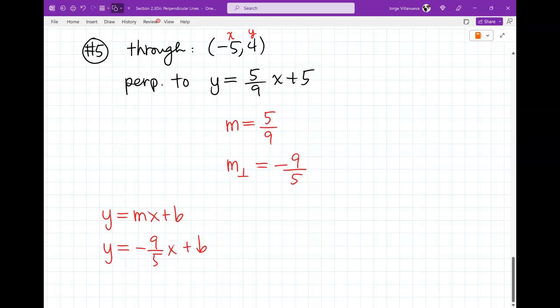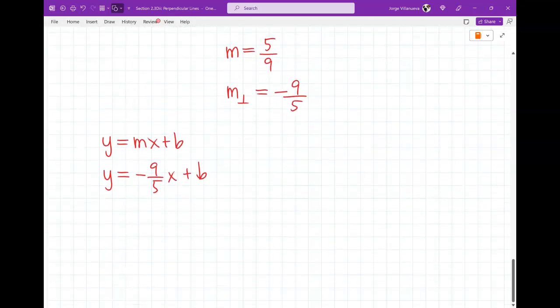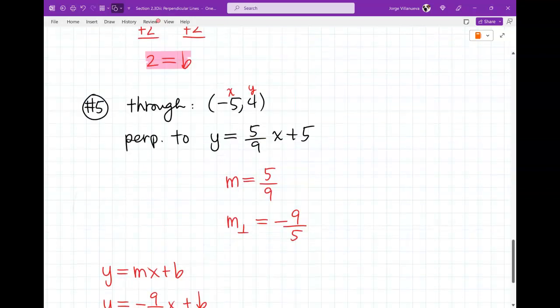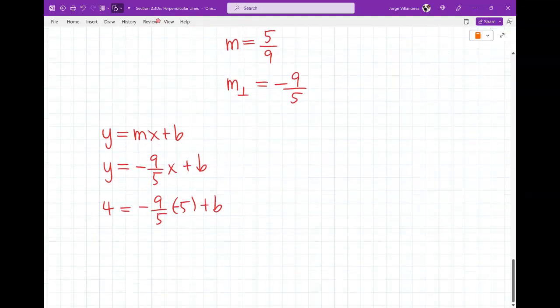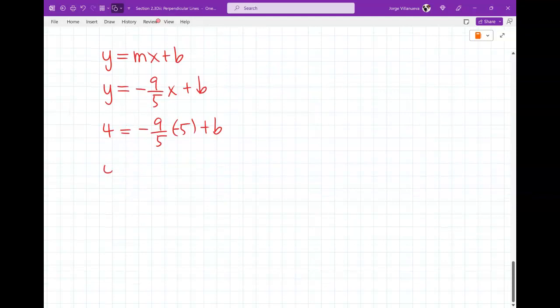So 4 is equal to negative 9/5 times, was it a negative 5? Yeah, negative 5. Sorry, I messed up on that. Negative 5 plus b. So that gives me 4 equal to a positive 9 plus b, because negative 9/5 times a negative 5 is positive 9.